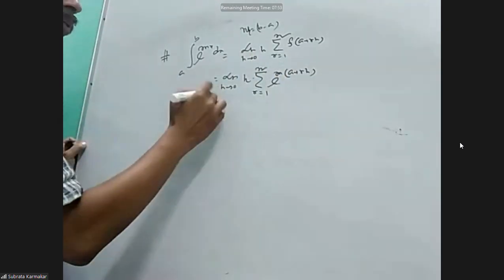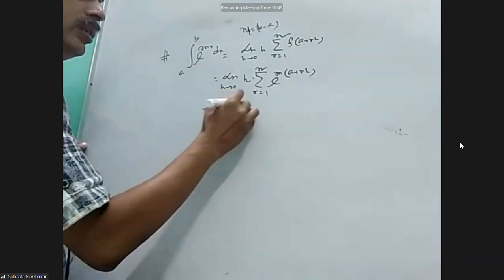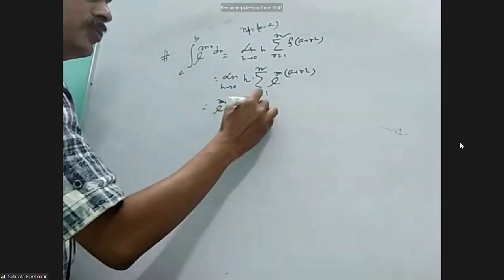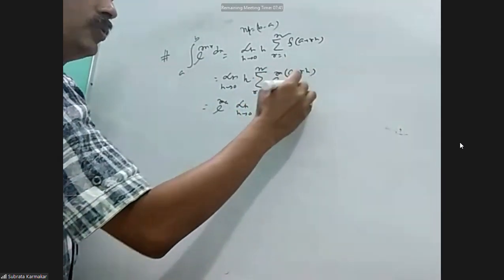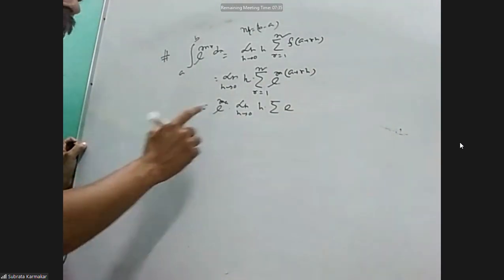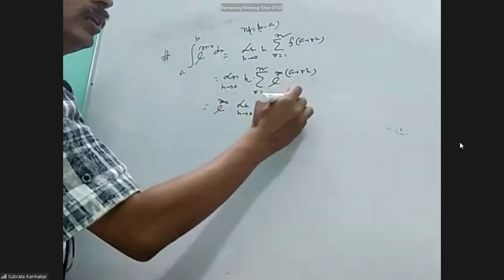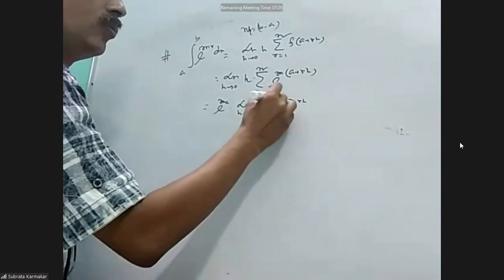So e to the power ma is a constant, you can take it out. e to the power ma into limit h tends to 0, h into summation e to the power m into rh. Am I clear? So e to the power m into rh, let me write e to the power mrh, r from 1 to n.